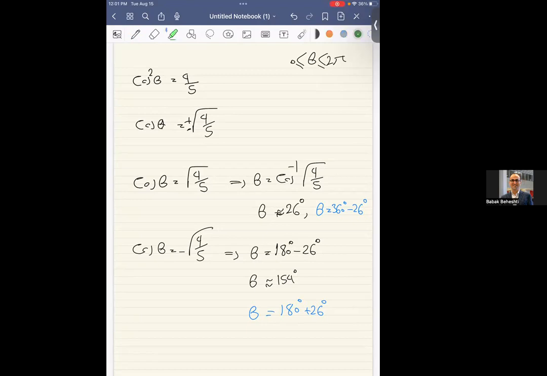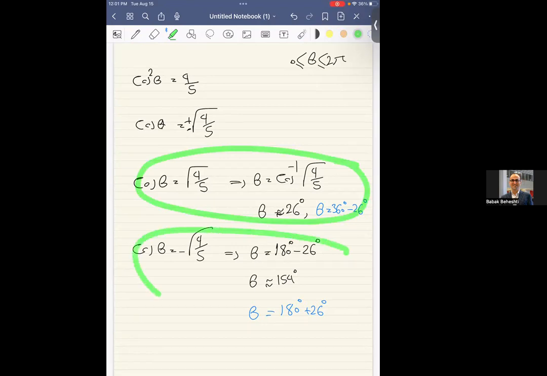For cos theta equal to positive square root of 4/5, there are 2 answers. For negative, also there are 2 answers. Why? Because the cosine of 180 minus 26 is minus cosine of 26.